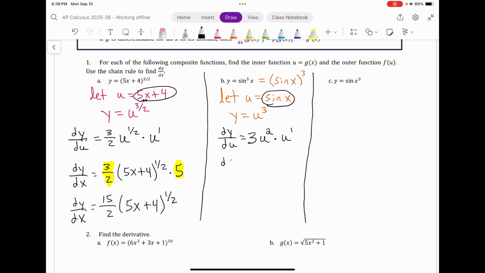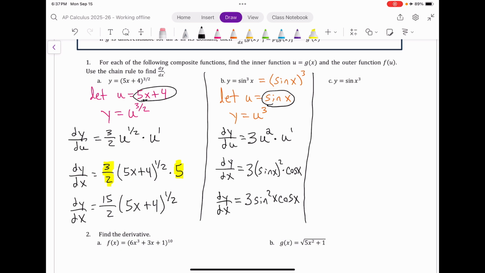Now when we replace it with x, dy dx would equal 3 times sine of x squared times the derivative of sine x, which is cosine x. And then we're good with that, or we could drop the parentheses and make it sine squared of x, like that.